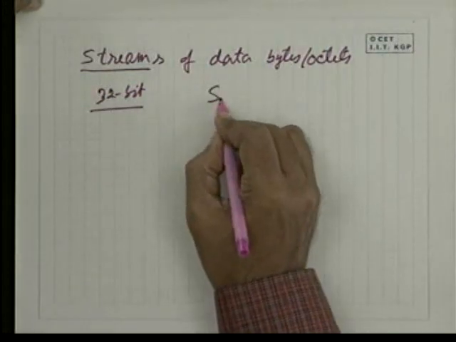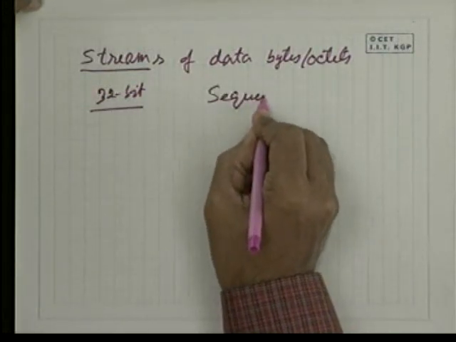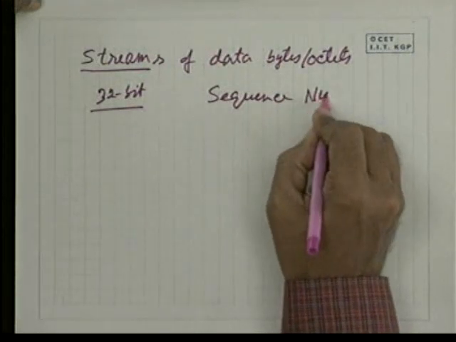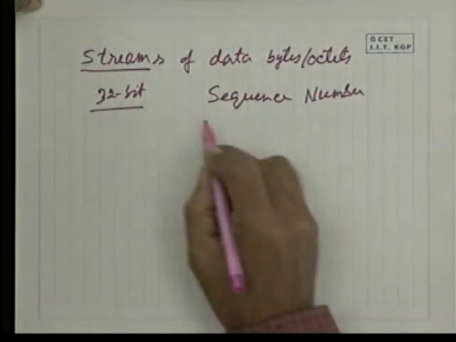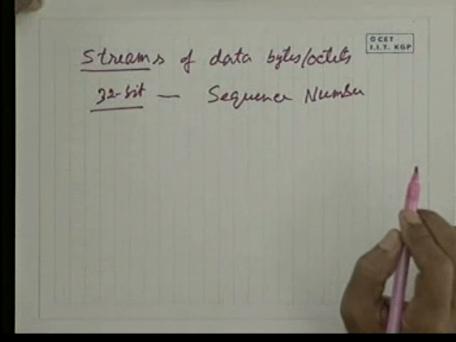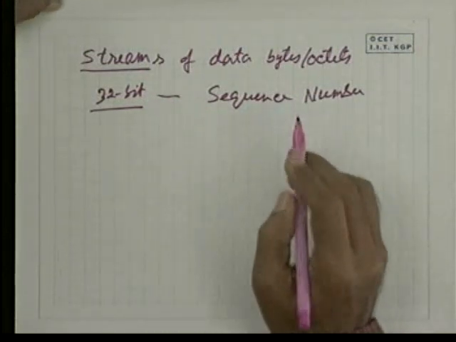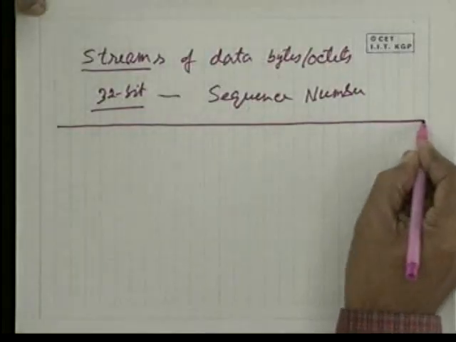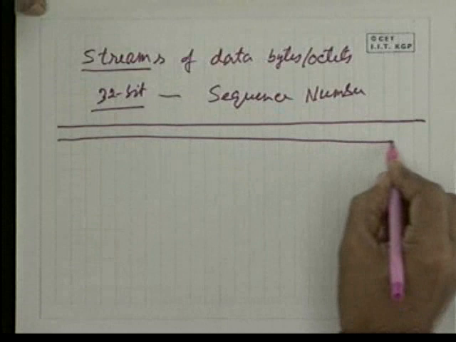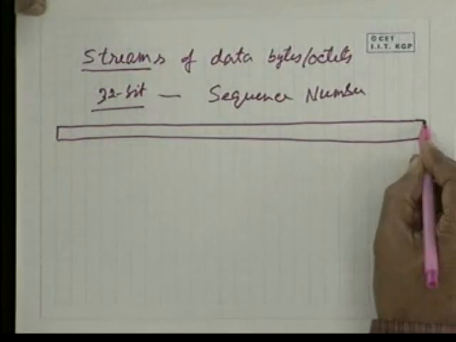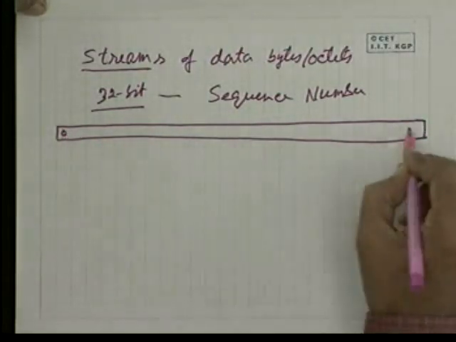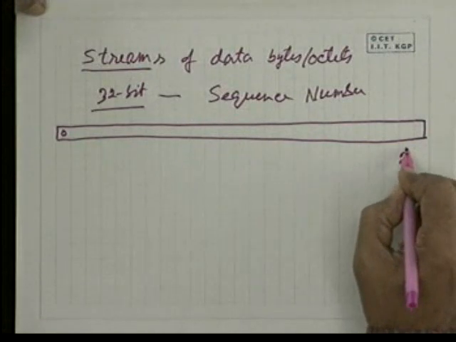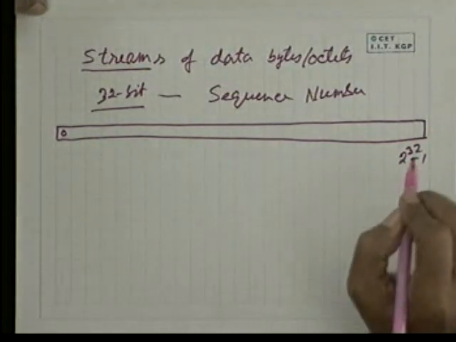So a sequence number of 32 bits is given to a stream of data that is coming from the application program, starting with 0 and going up to 2 to the power 32 minus 1.